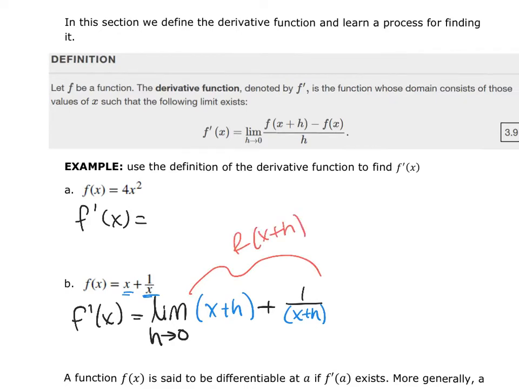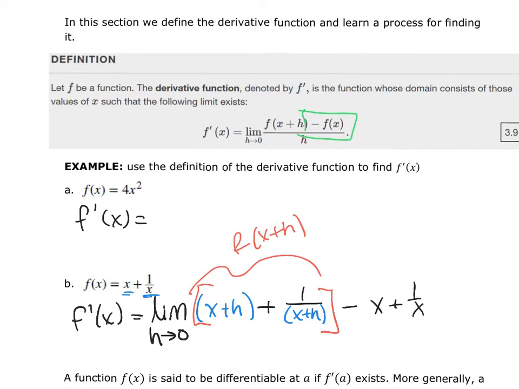That's all that represents. That's all I've gotten done so far. That's it. And then minus. Now this tells me right here that I am going to subtract off my original function as it stands. So minus x plus 1 over x.